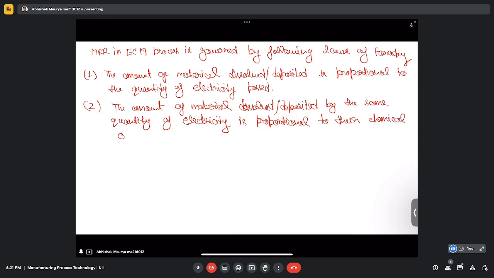If we want to write it in terms of a formula, the mass which is deposited is directly proportional to the current, and for how long the current is being passed, as well as to something called equivalent weight. So what is epsilon? It is nothing but the gram equivalent weight.